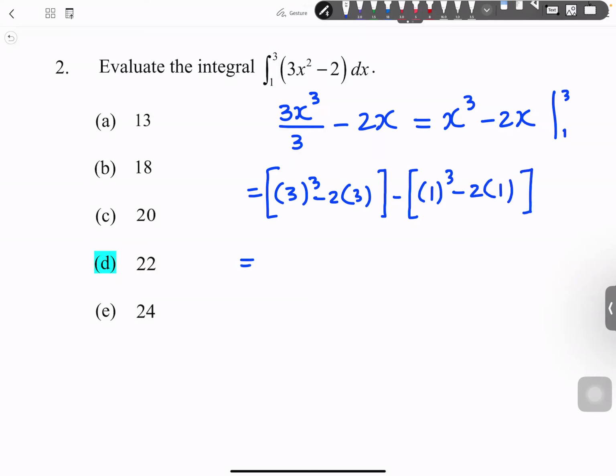All right, let's see. 3 cubed is equal to 27 minus 6 gives 21. All right, minus, let's see, 1 minus 2. And here we have minus 1. And so 21 minus negative 1 becomes 22. Answer D.